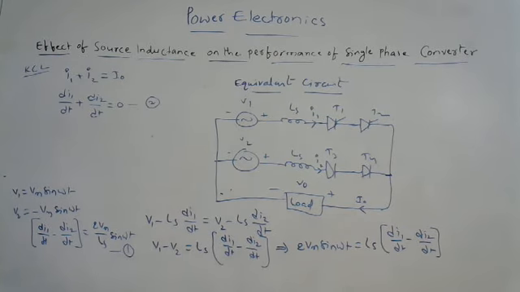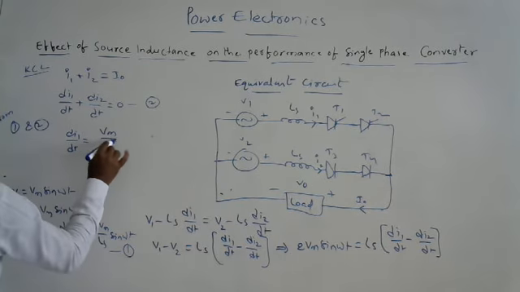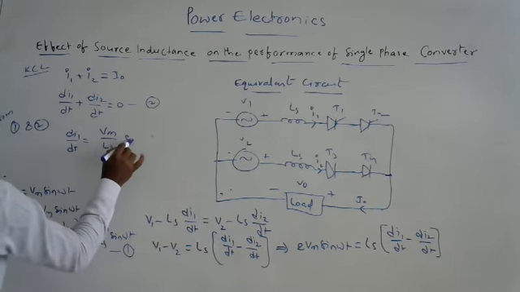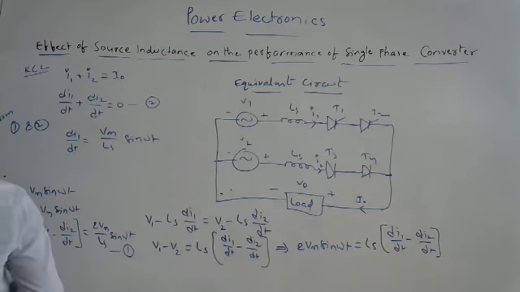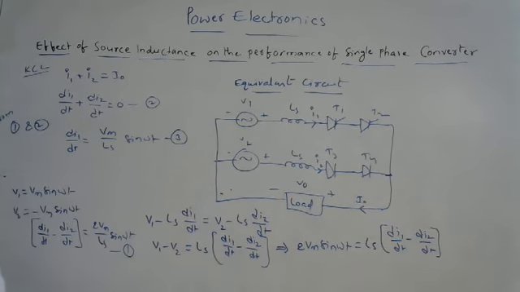First, after comparing these two, from 1 and 2, we can get di1 upon dt is equal to Vm upon Ls sin omega t. I am calling this equation number 3.